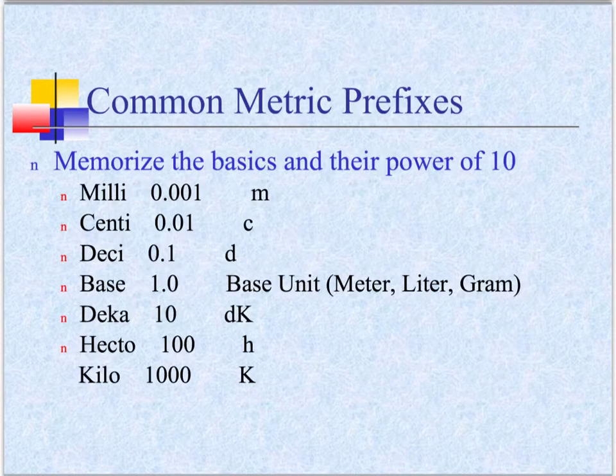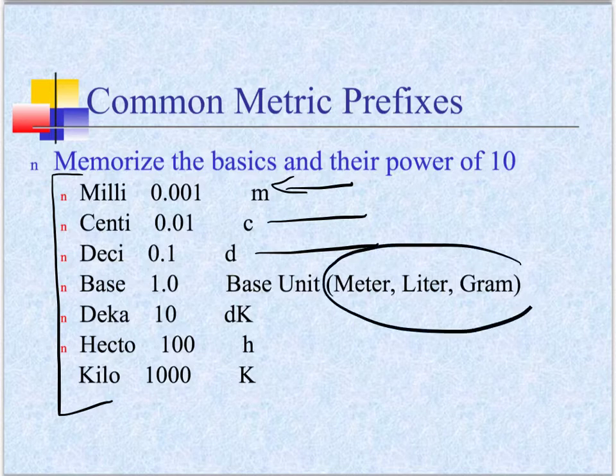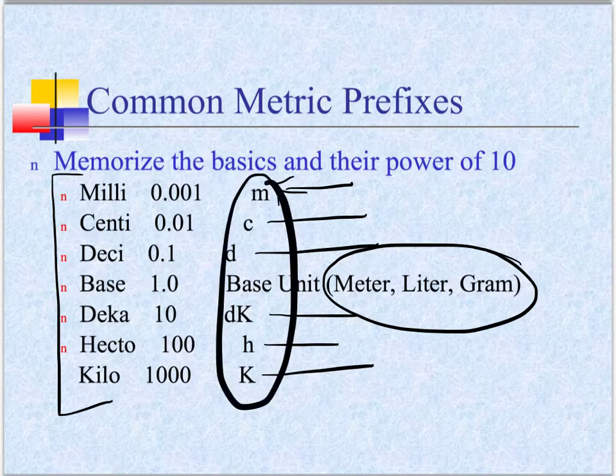In 7th grade science, these are the prefixes that we are going to work with. We're doing milli, centi, deci, and here's our base unit, meter, liter, gram, and then deca, hecto, kilo. Now on the next slide, I'm going to be showing you how to use these, and it's all going to make sense.